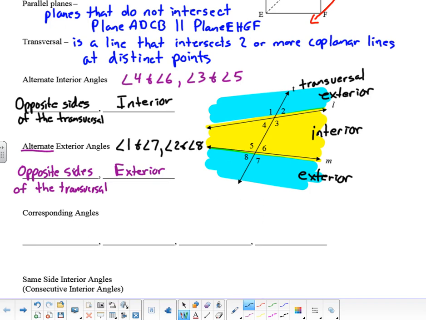Now, one other thing to mention is when we're doing this, one of the angles should come from the top grouping and one of the angles should come from the bottom grouping. So we already know a whole bunch of stuff from our previous work about the top grouping. We know, for example, that angle 1 and 2 form a linear pair. They add up to 180. Angle 1 and 4 form a linear pair. They add up to 180.